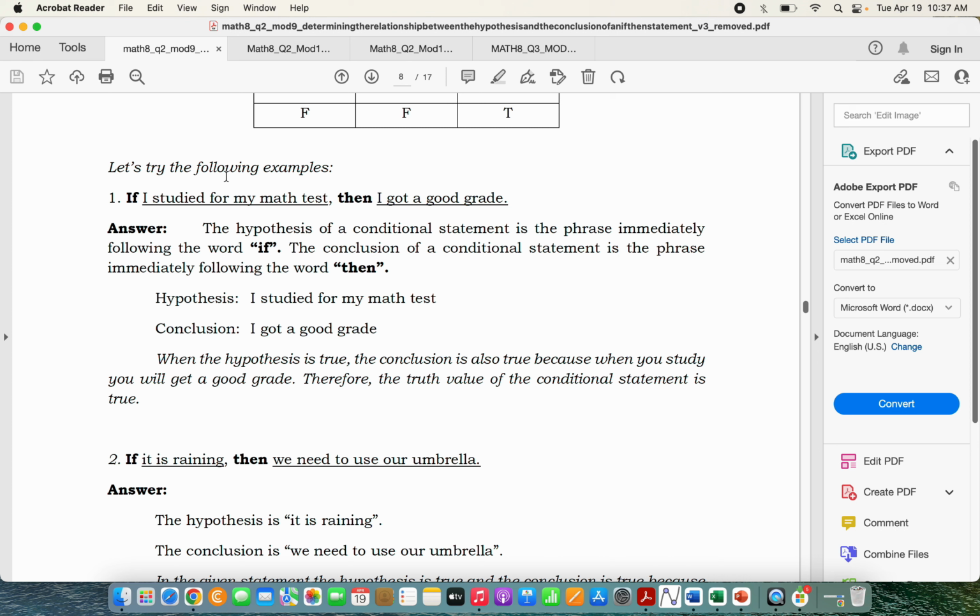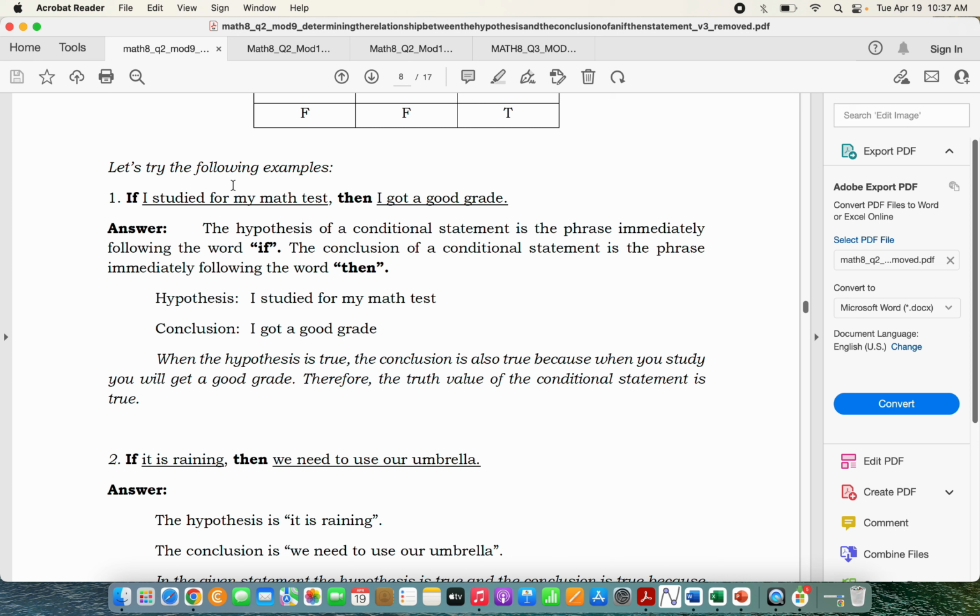So, the hypothesis part here is true. And then, if you studied for your math test, then it's possible that you will get a good grade. So, the conclusion is also true.